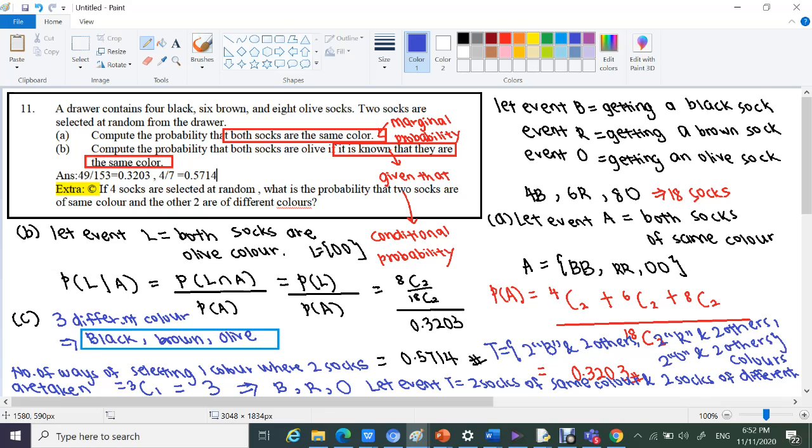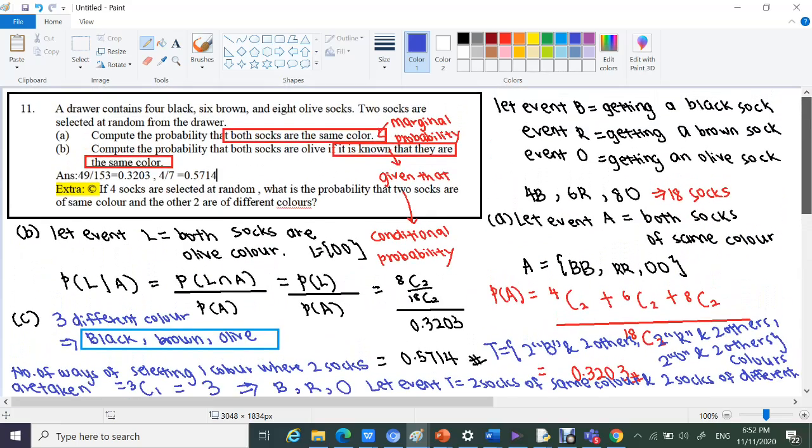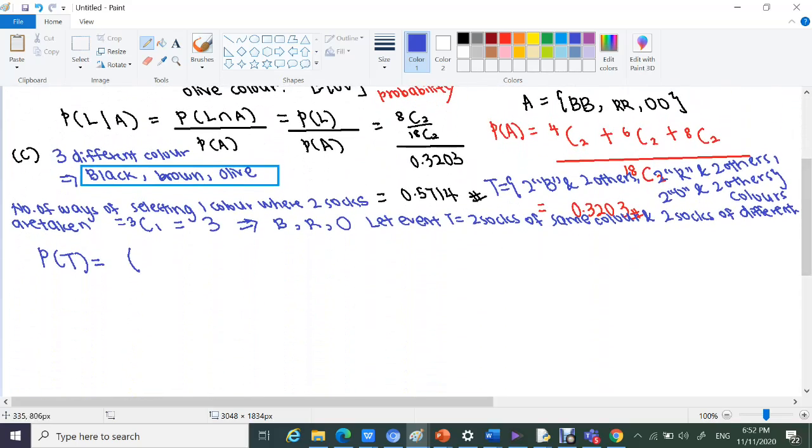So our P(T) will just be, we have 4 black socks, right? So we will choose 2 socks from black, and then choose 2 of different colors.